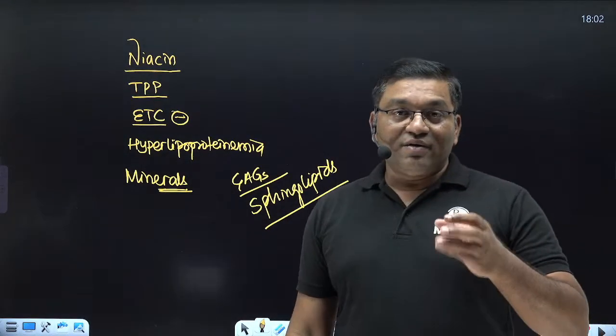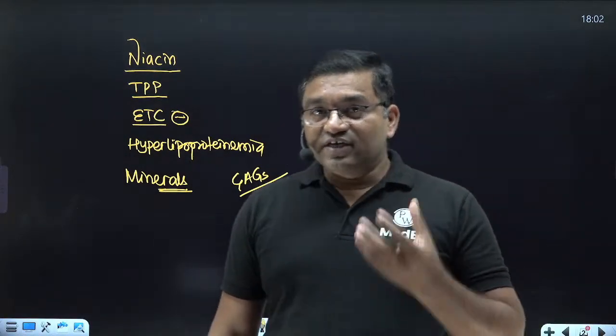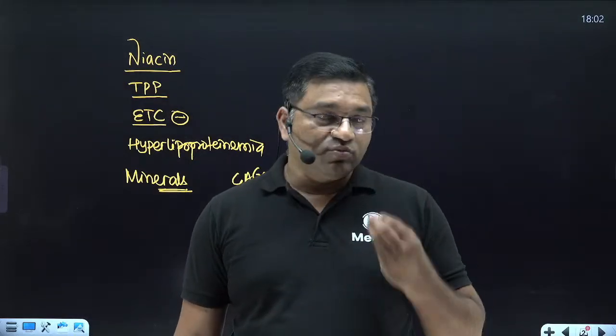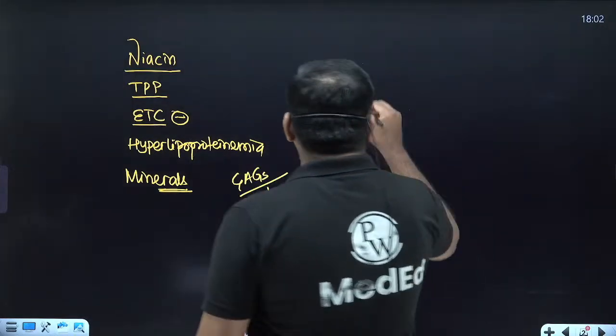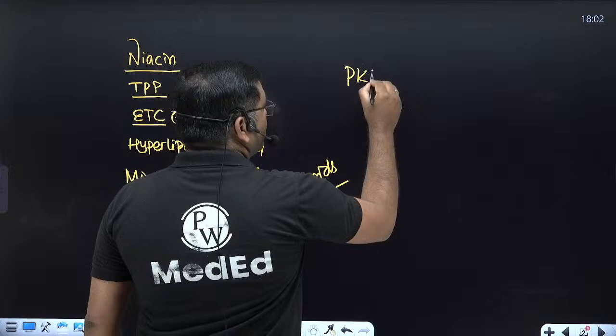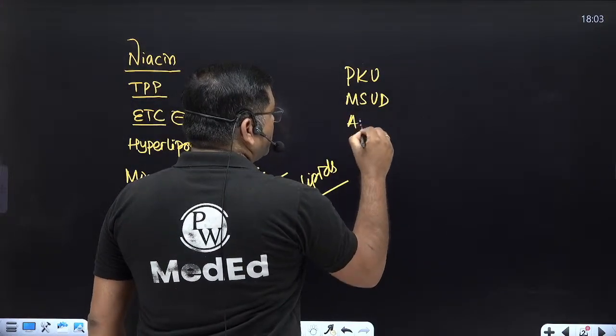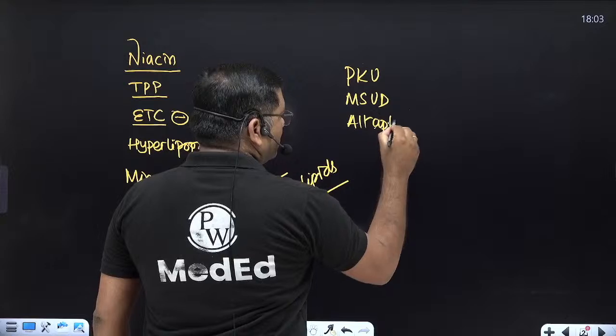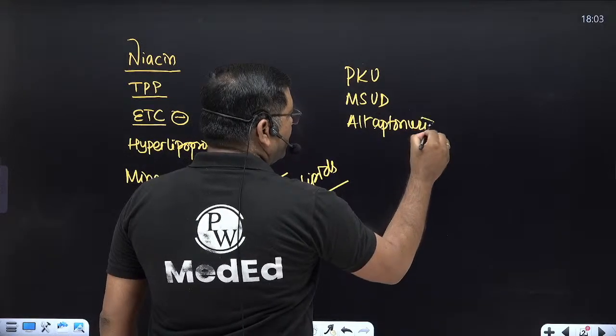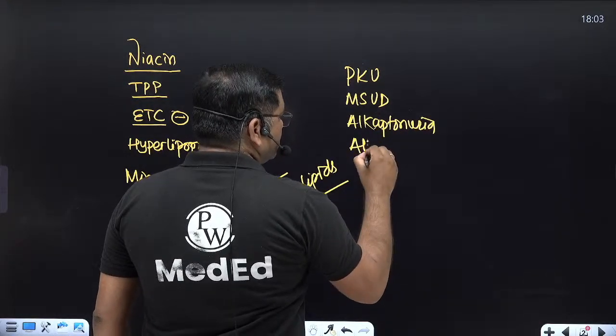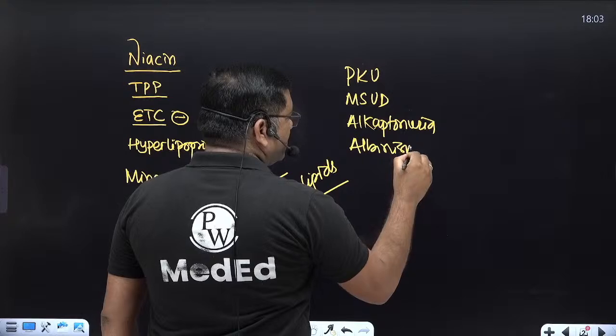Then the amino acidurias, for example, phenylketonuria, maple syrup urine disease, homocystinuria. These are the important questions. PKU, maple syrup urine disease, alkaptonuria, albinism. These are the important questions.